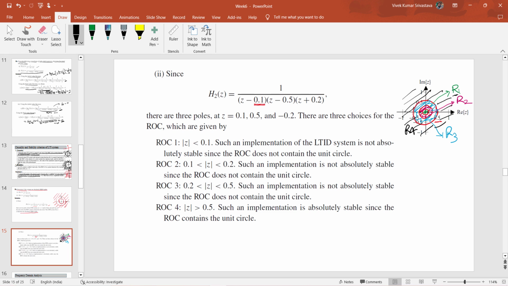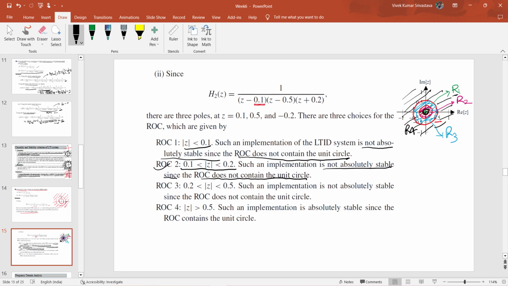Here the ROC is less than 0.1 and does not contain the unit circle, so for this ROC case the system is not absolutely stable. For the second ROC case, where z lies between 0.1 and 0.2, this also does not contain the unit circle. That's why it is not absolutely stable for this ROC case.